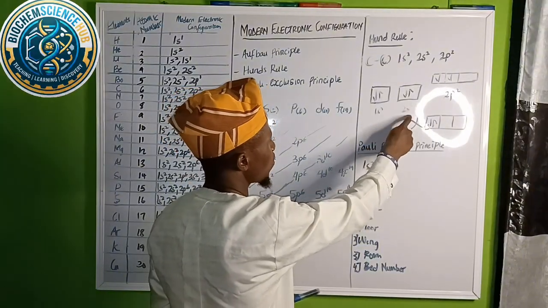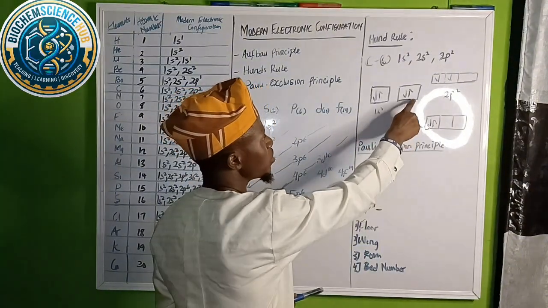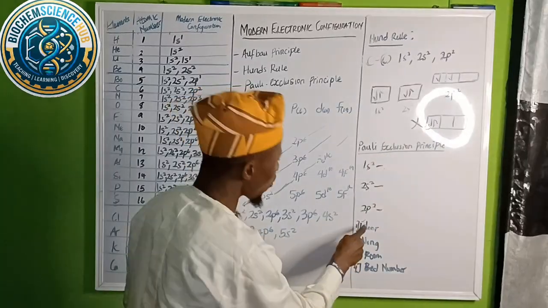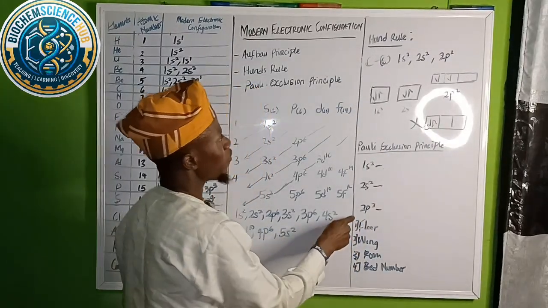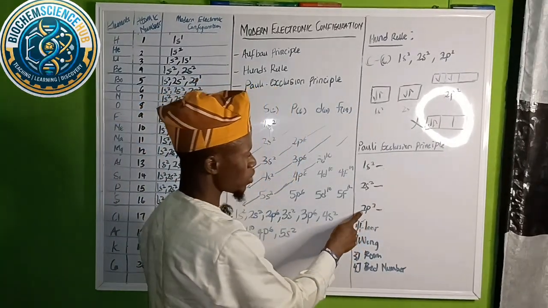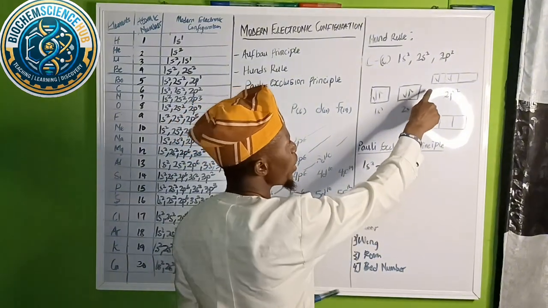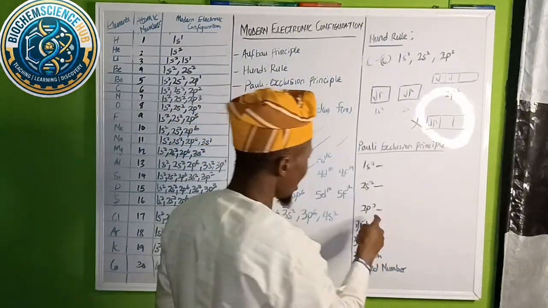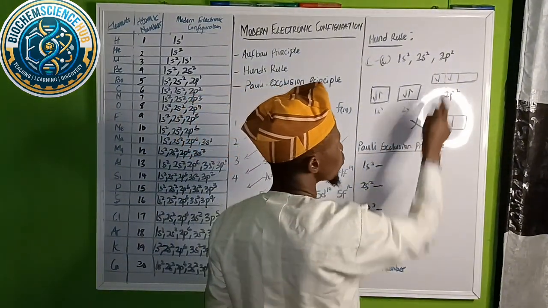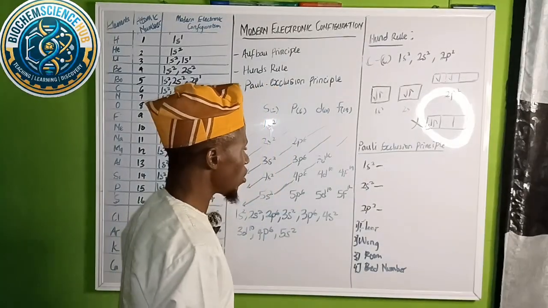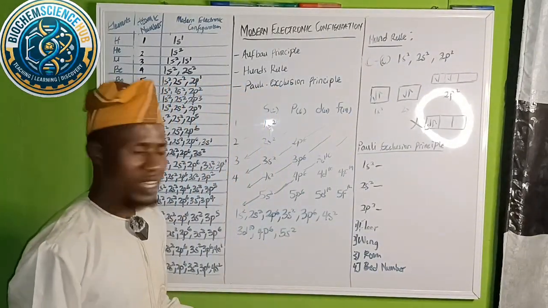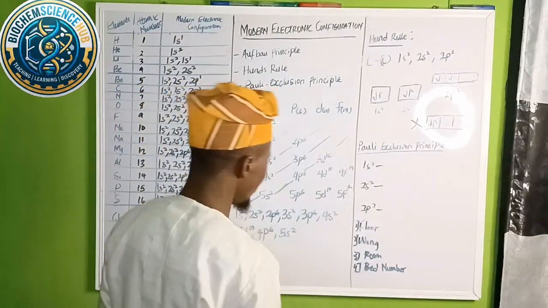Floor 2, s wing, 2 beds full. And we move to 2p2, floor 2, p wing, and we have 2 beds. So that's on filling the orbital using all these rules.